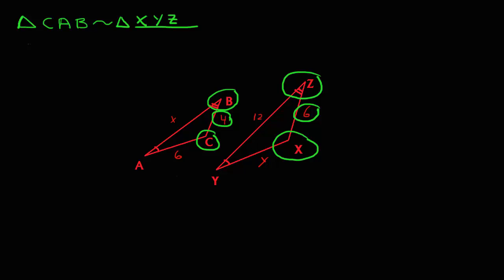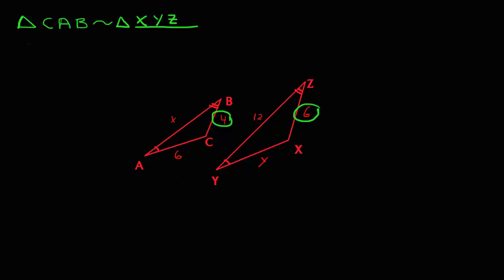My sides of 4 and 6 correspond to each other because angle B is congruent to angle Z and angle C is congruent to angle X. Therefore, the side between those two corresponding angles will be the corresponding side. And since both of those have numbers attached, I can use them as my scale factor.